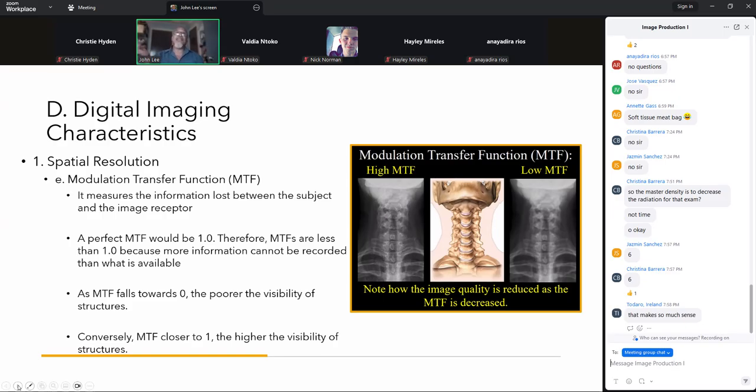So the MTF falls further away from 1. Okay, 1 is perfect. That's 100% of the information being transferred into the digital image. Okay, so when an MTF falls closer to 0, the less visibility of the structures that we have. The closer to 1 it is, the better the visibility of the structures.